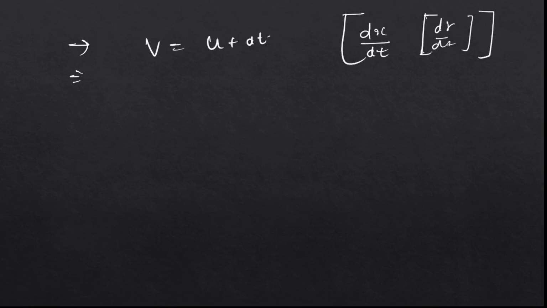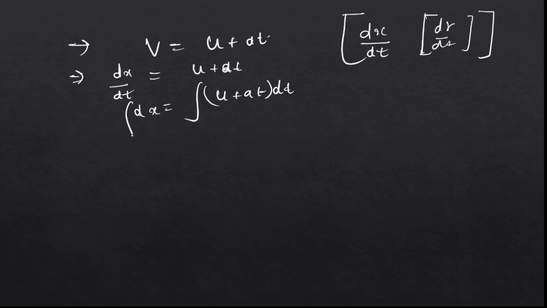So it would be dx upon dt, which is u plus at. Again I am going to integrate this. It would be dx equal to u plus at dt. Integrate.